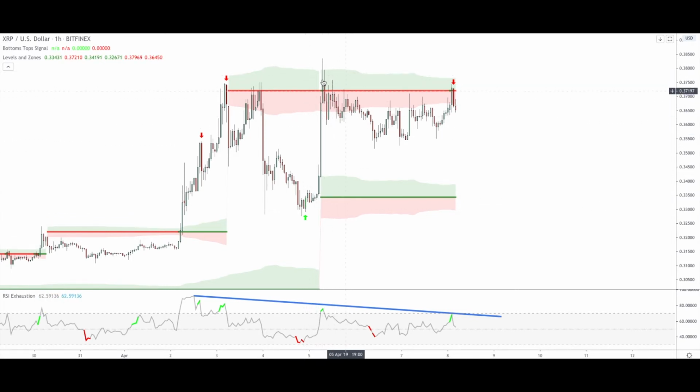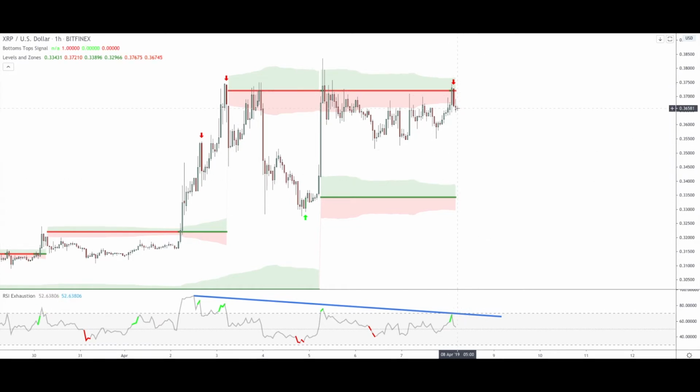It was stopped by this resistance, and then down again, and then up again, and here was slowed down by this sell area, that is the sell zone that the levels and zones always signals, and then again it went down and then back up right now. So guess what? Where the price is going, it is probably going down.